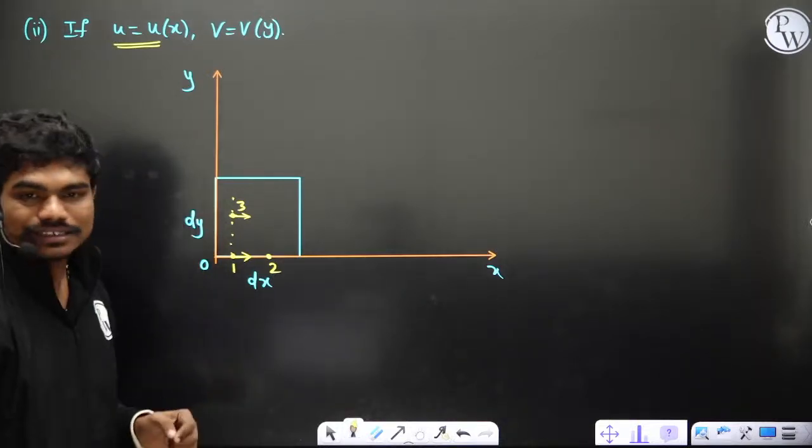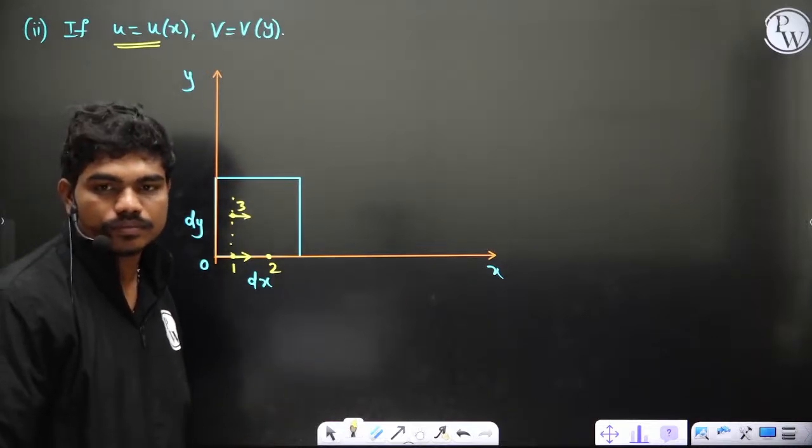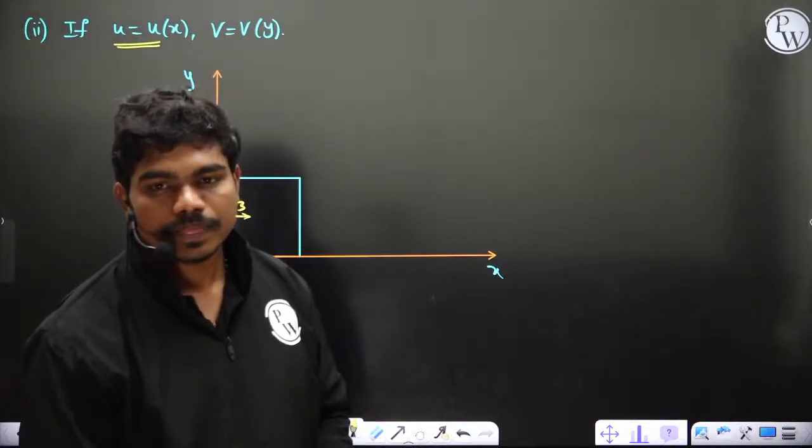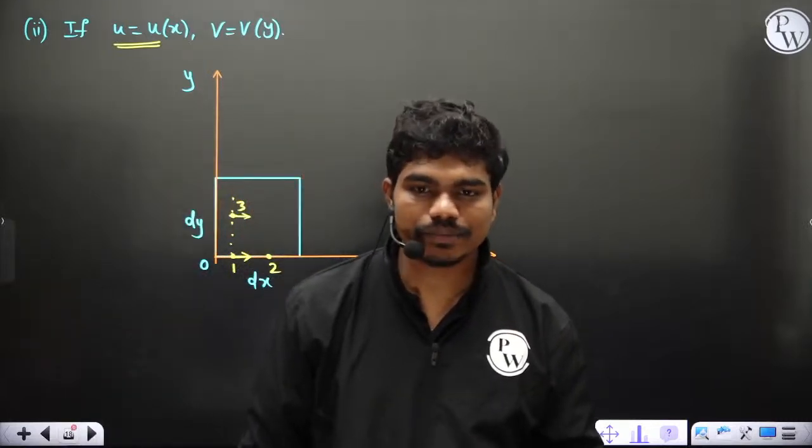Between these two particles, is there any change in the x component of velocity, or are they the same?